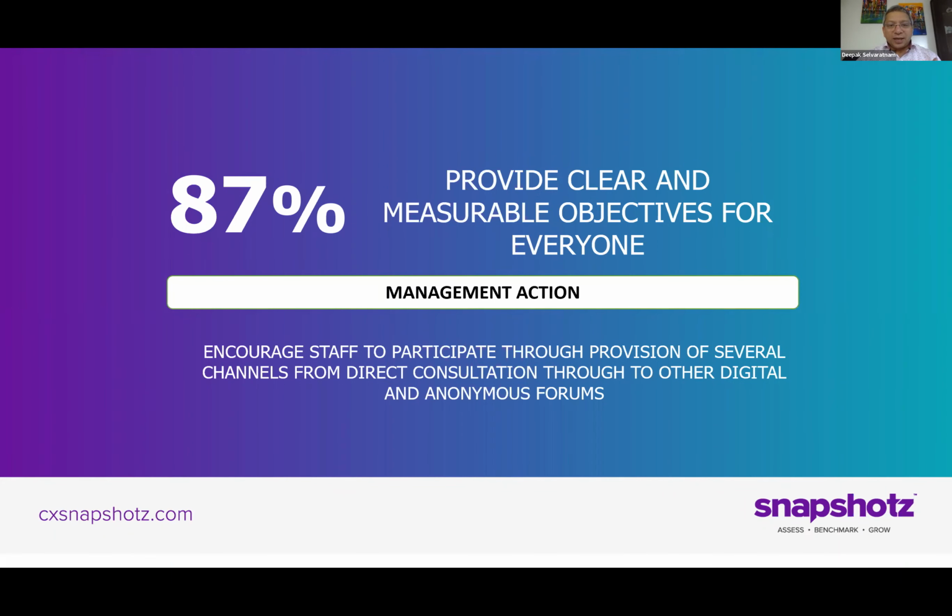And finally, there's a significant number of agents, frontliners, that feel that the practices we have within the center are not overly transparent. And there may be different reasons for that, both valid and not so valid.